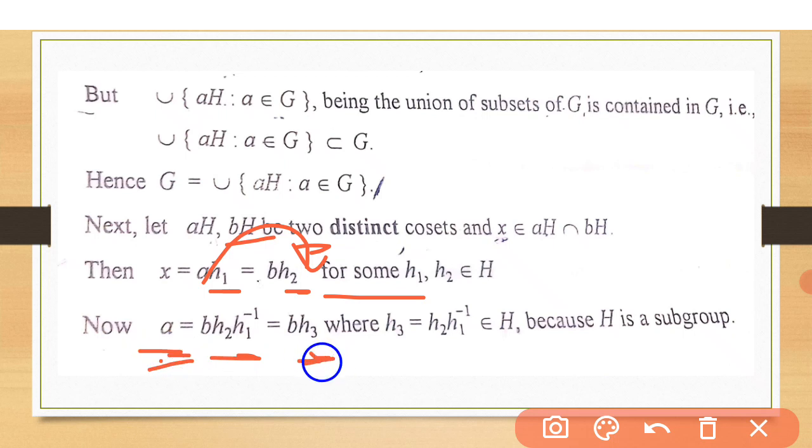So A is equal to B h3. h3 is an element of H which we get by multiplying h2 into h1 inverse. Because H is a subgroup, every element has its own inverse. So h1 has an inverse, that is h1 inverse, and h2 is another element. When we multiply both, because the closure property holds, we get another element which also belongs to H, because H is a subgroup.